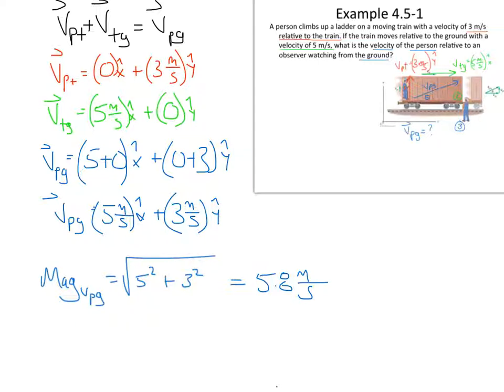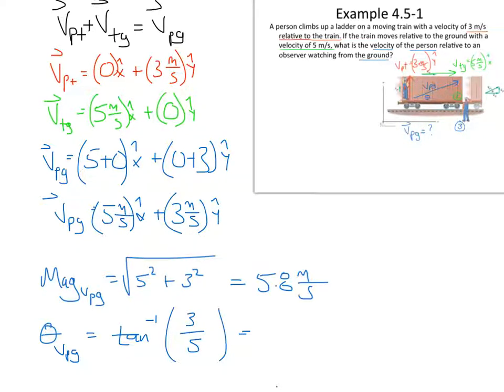Speaking of which, let's find out that angle. All right, the angle is going to be, how do we get the angle theta from the horizontal? That's this guy right here. Well, to get our angle of the velocity of the person to the ground, it's the inverse tangent, right? Inverse tangent of what over what? Always the y over the x if our angle is based on the horizontal. So that's going to be inverse tangent of 3 over 5.